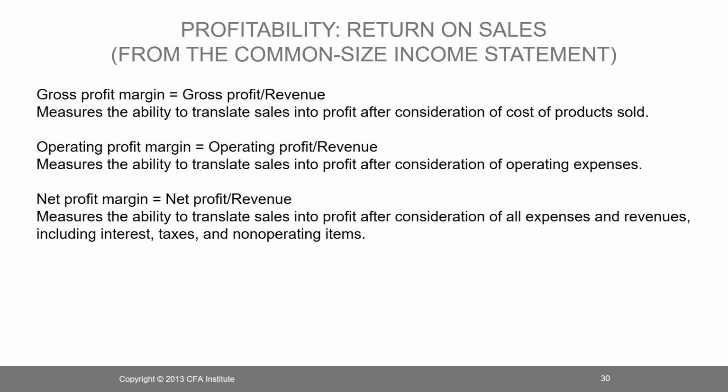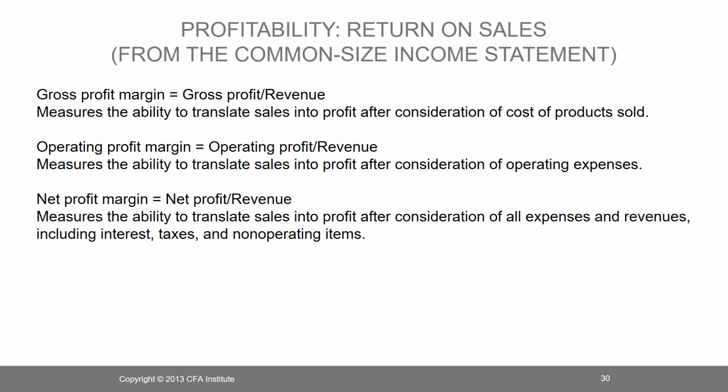Now, before we move on to the other categories of ratios, here on this slide you can see a revision of several common profitability ratios that can be taken directly from the common size income statement. Remember when we did chapter 4 in the practical session, I showed you how we can create a common size income statement, and how some ratios are directly taken from the statement itself.